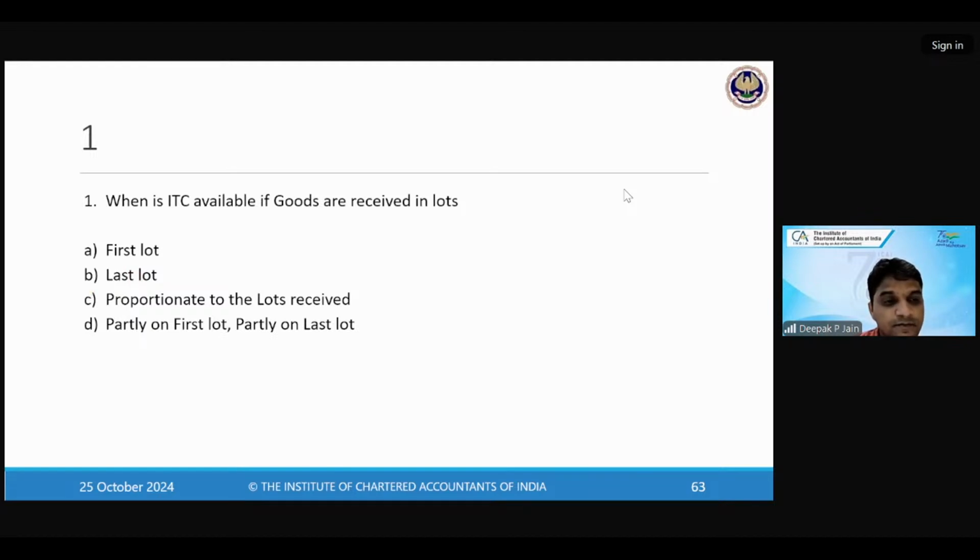Correct. Let me underline, there's a lot of confusion between B and D in the other class.